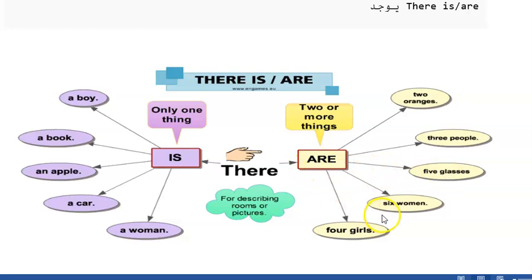There are 6 women in the shop. There are 4 girls in the classroom. Again with the prepositions of place, and you notice there are plural: oranges, people, glasses, women, girls. Okay, so let's have a look at the next page.